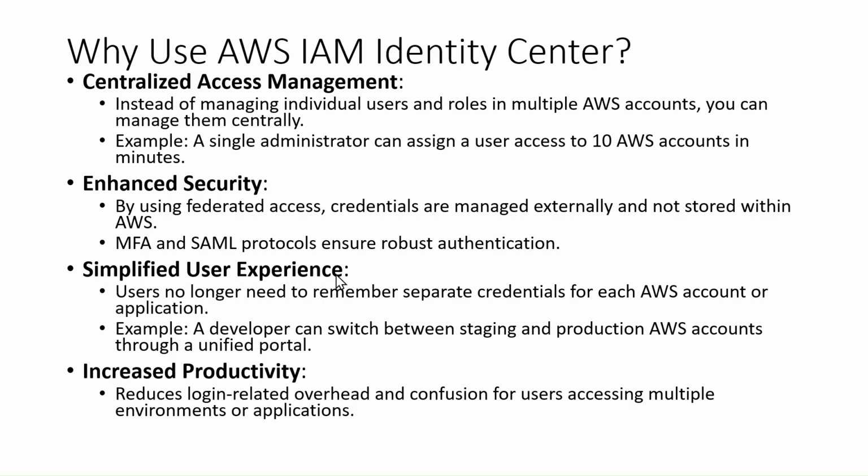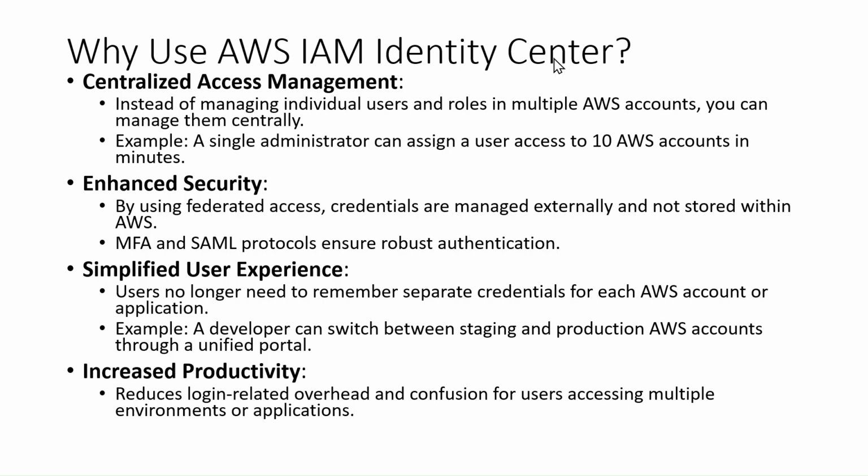Next is simplified user experience. Users no longer need to remember separate credentials for each AWS account or application. Once you are logged into your main, that is the central identity portal, all the resources you may require, like GitHub, Docker, your AWS account, or if you have launched something in AWS and integrated GCP for storage, everything is under one roof.